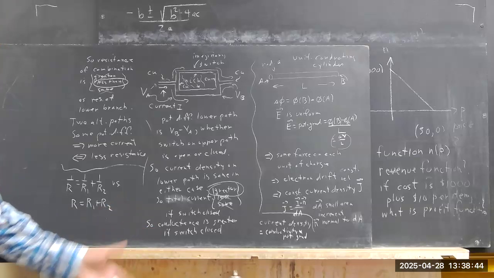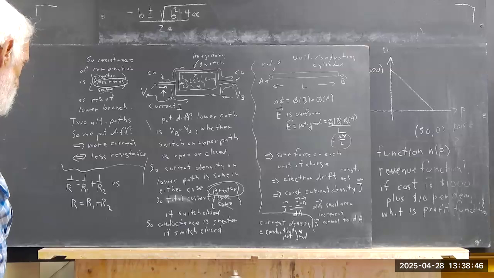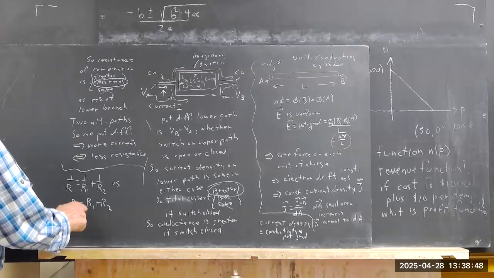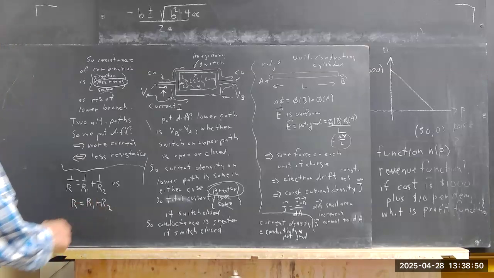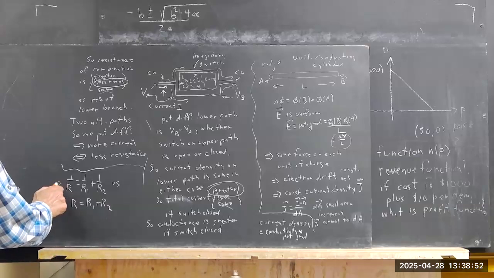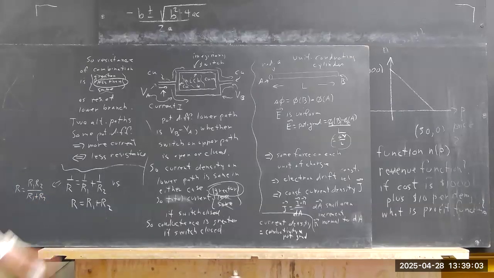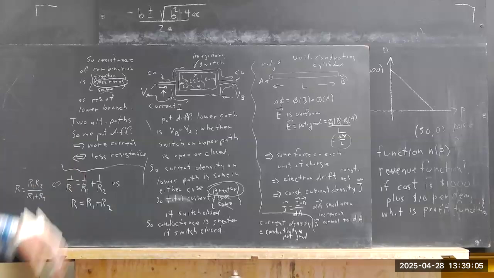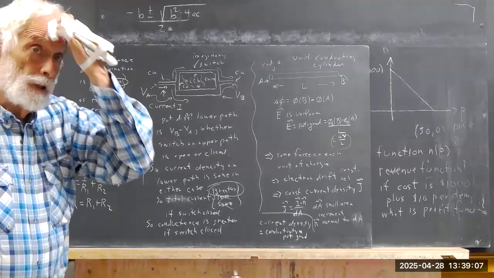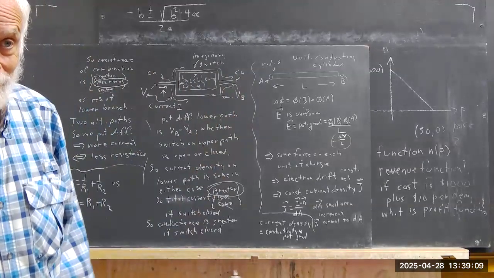Which one gives you greater resistance? This one gives you the greater resistance, because this one is the same as R equals R1 plus R2. This is greater.